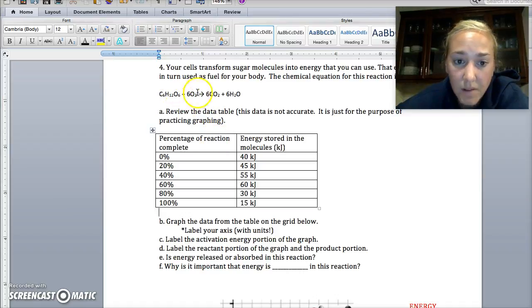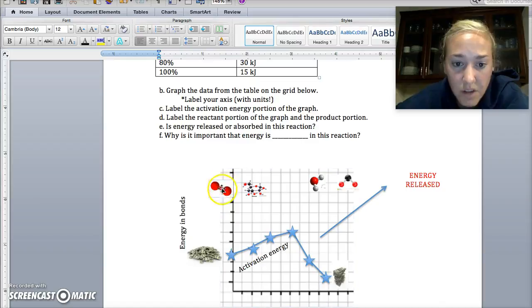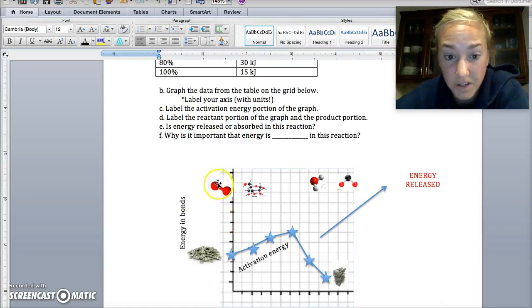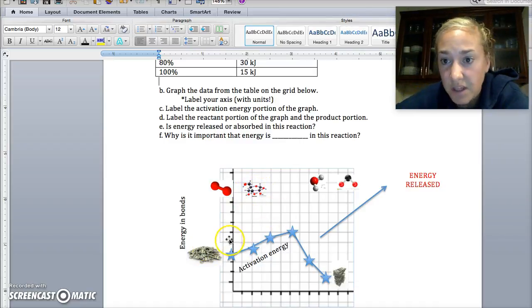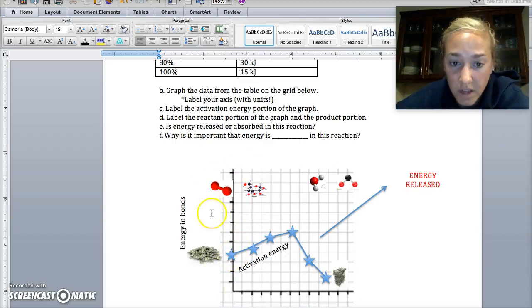So that means we have 6 of these ones, and we've got 1 of these ones. I only put 1 because it would be too cluttered, but we've got 6 of these and then 1 of these. So what we're saying is that at the beginning of the chemical reaction, there is 40 kilojoules of energy stored in these molecules, so stored in the bonds of these molecules on the reactant side.